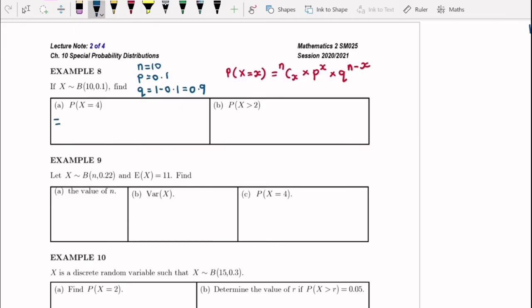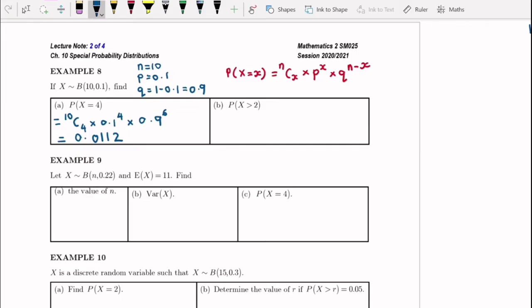So P(X = 4) equals 10C4 times 0.1 to the power of 4 times 0.9 to the power of n minus x, which is 10 minus 4 equals 6. So we can use the calculator. We'll get the answer 0.0112.